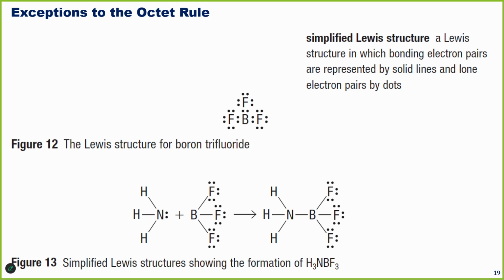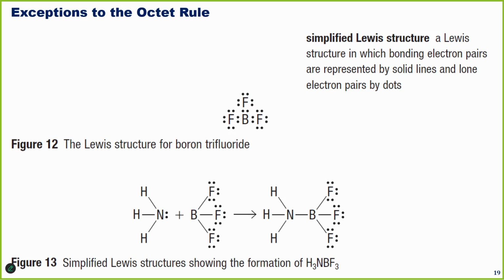The reactivity of boron trifluoride with electron-rich molecules such as water and ammonia occurs because the boron atom is electron deficient. The molecule that forms from the reaction of boron trifluoride with ammonia has the chemical formula H3NBF3.